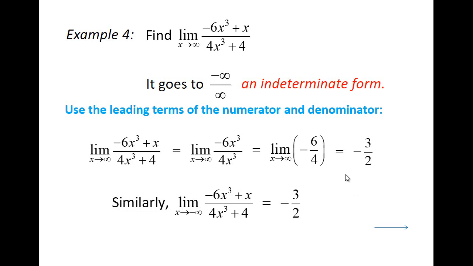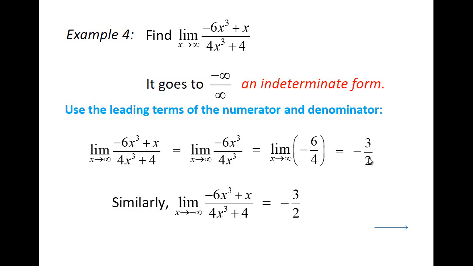Now, when you take the limit of a function at infinity or at negative infinity, and you get a real number, so if the limit at infinity exists as a real number, then that function has a horizontal asymptote. You can see what is the meaning of this limit. It means that as x gets bigger and bigger, the value of the function is getting closer and closer to negative 3/2.